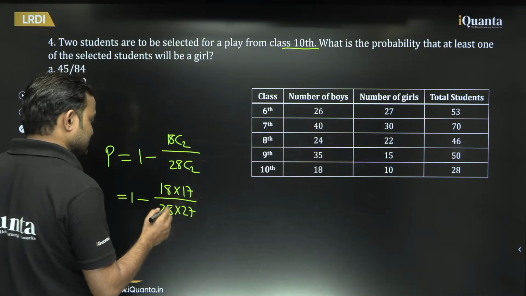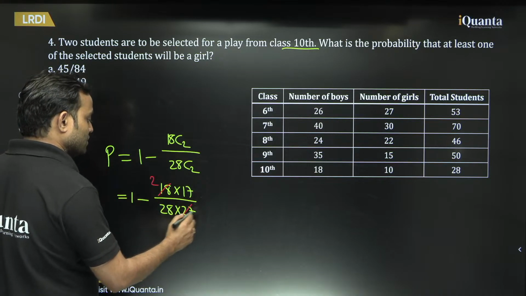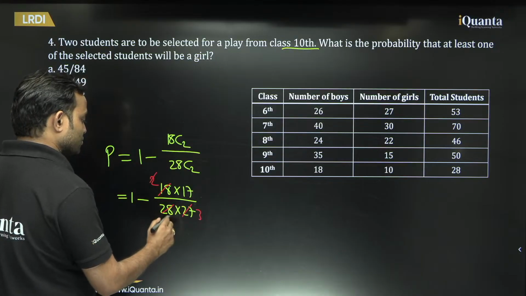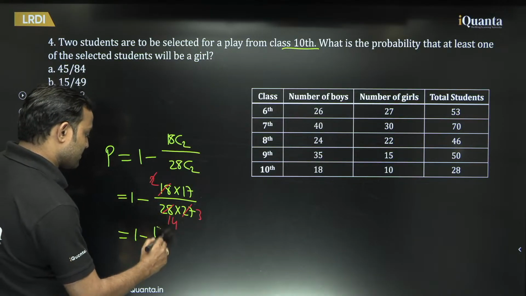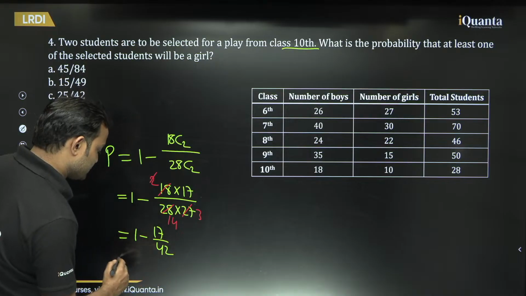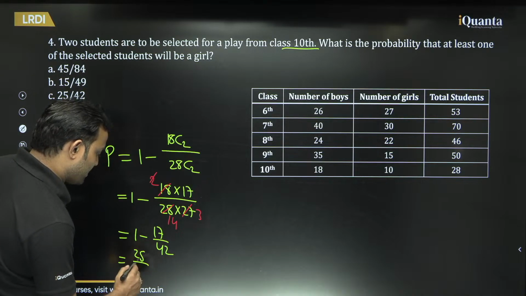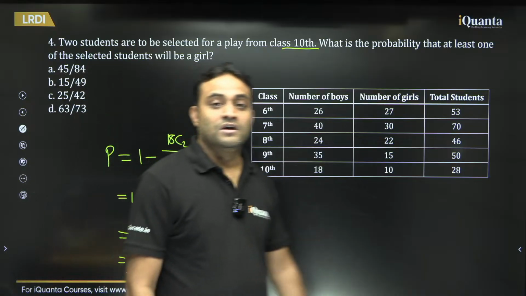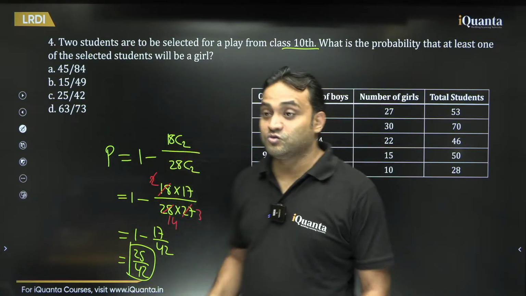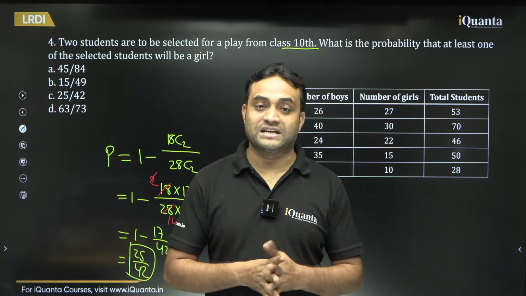Now we can cancel this out, 9 into 2, 9 into 3, 2 into 14. 1 minus 17 upon 42, which is equal to 25 upon 42. If you don't do this, you will have to consider multiple cases, right?